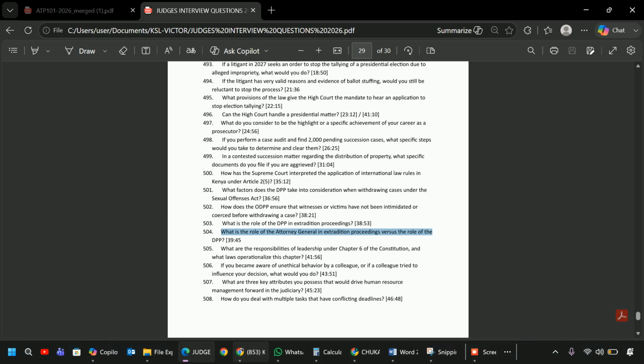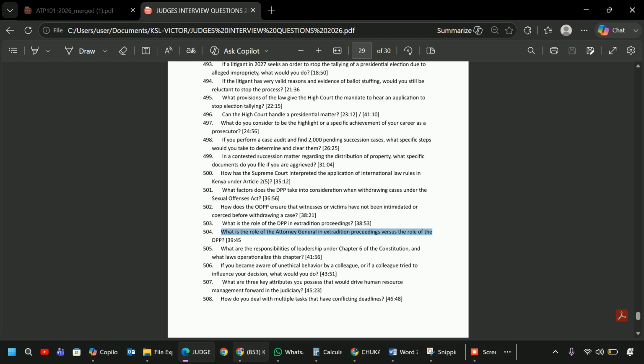There are committal proceedings before a magistrate. This is where many students will omit to say the DPP is the one to prosecute the same. There is a committal hearing, but not a full trial. If the evidential threshold is met, the fugitive will be committed to custody to await surrender. If not, the person is discharged.